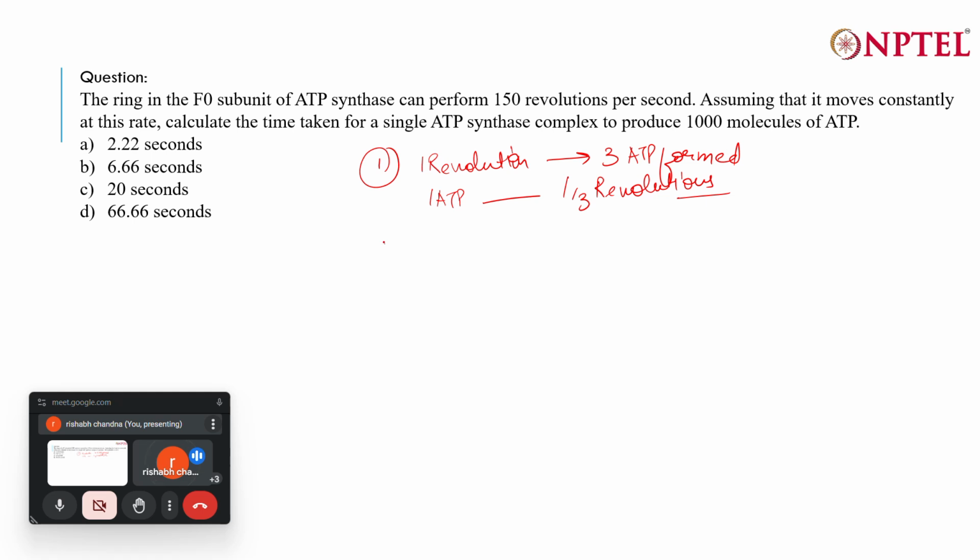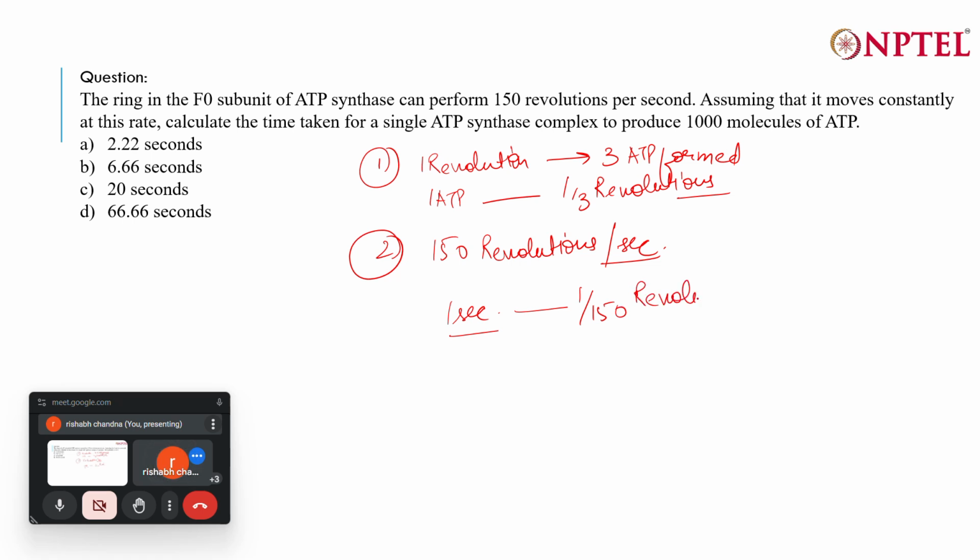Secondly, the question says it performs 150 revolutions per second. So that means in 1 second, 150 revolutions take place, so one revolution takes 1 by 150 seconds.